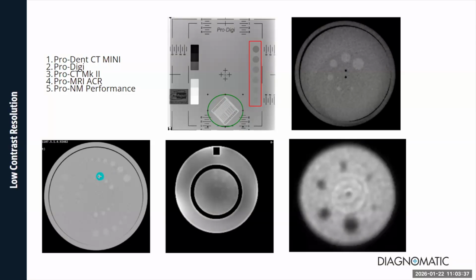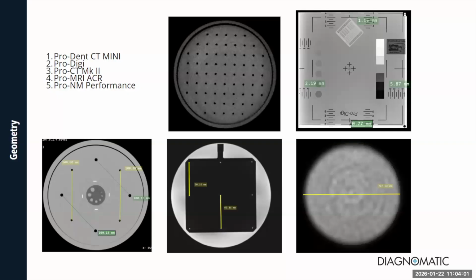In the Pro CT MK2, we have two circular shapes with different contrast compared to the background. In MRI, it's very similar, and in nuclear medicine, we have solid spheres that can be used to evaluate the low contrast.